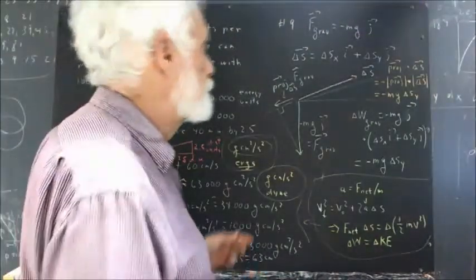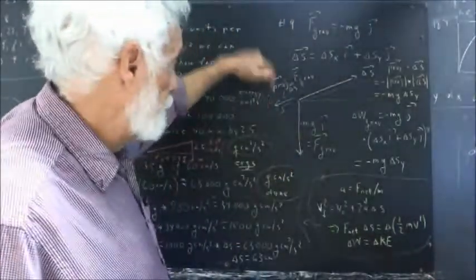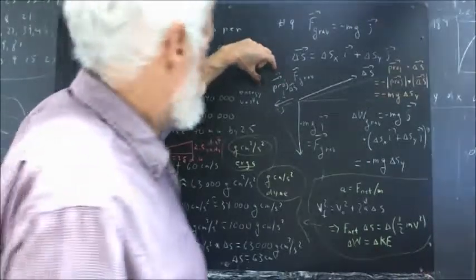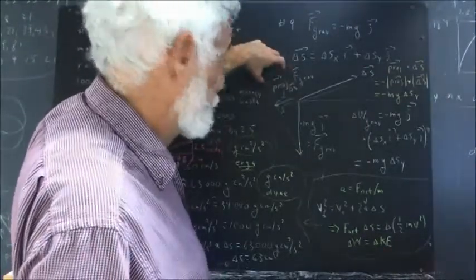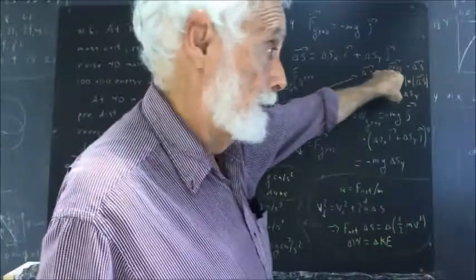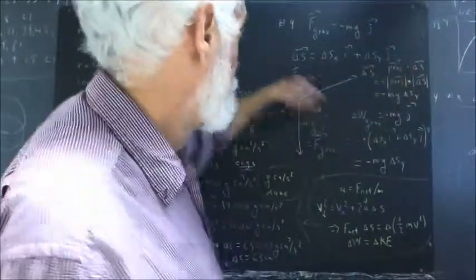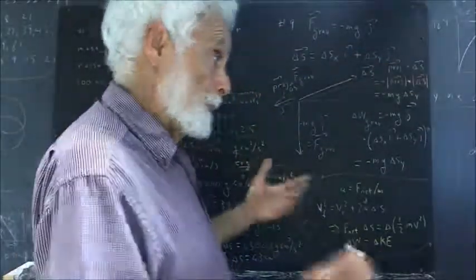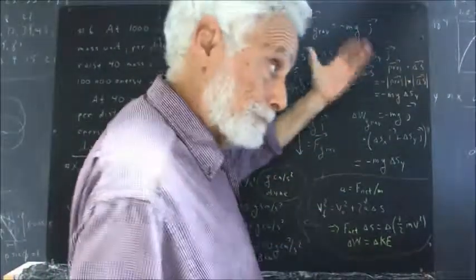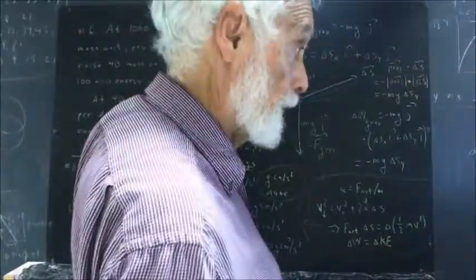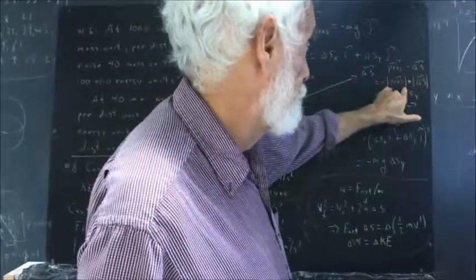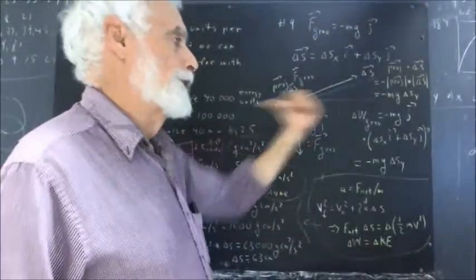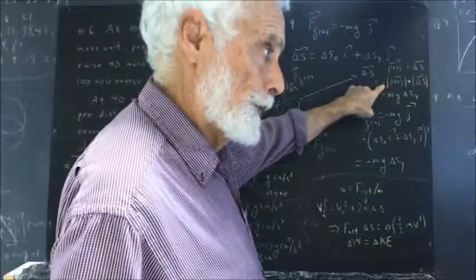I'll add that if we take the dot product of this projection vector, and I just put this arrow here, so if you didn't see it before, it wasn't your imagination. If I take this projection vector, which I'll abbreviate PROJ, and dot it with delta S, since the two are along the same line, the magnitude of the product will be the magnitude of the projection multiplied by the magnitude of delta S. And since the projection is in the direction opposite delta S, the result will be negative.